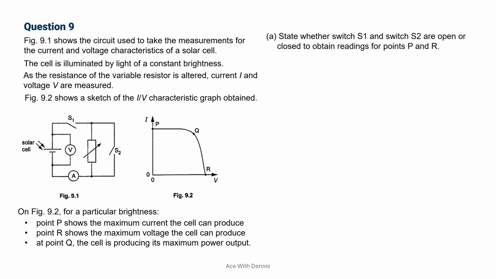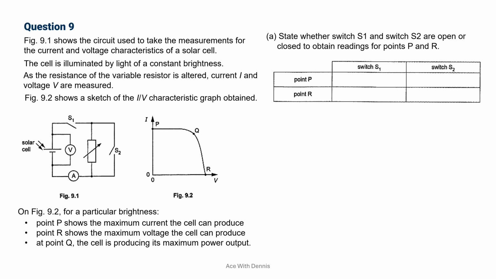A. State whether switch S1 and switch S2 are open or closed to obtain readings for points P and R. 2 marks. Okay, so let's study what information is given here. For point P, it shows the maximum current the cell can produce. So maximum current means it is a short circuit.